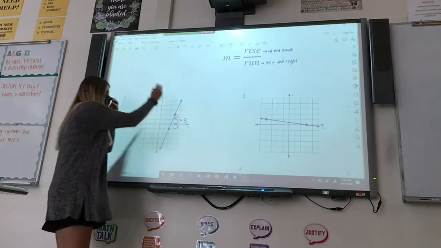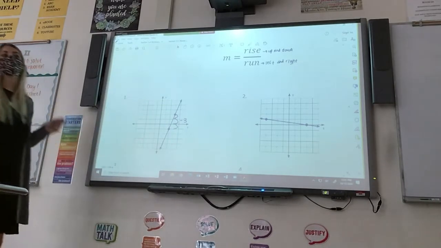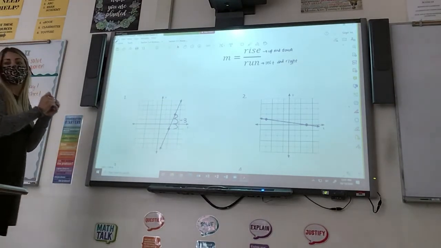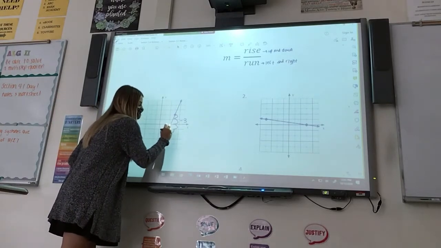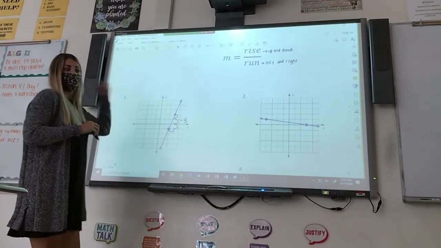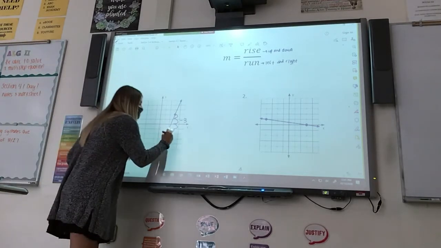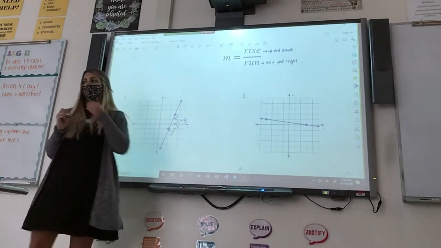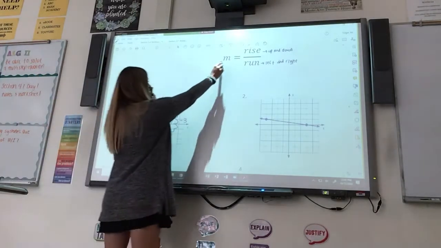Once I get to the same level as that point, I have to count how far left or right I need to go to meet that point. So I have to go 1 spot to the left to meet that point. Is the left, you think, the negative direction or the positive direction? Negative. So I went -1 spot over. So m means slope.